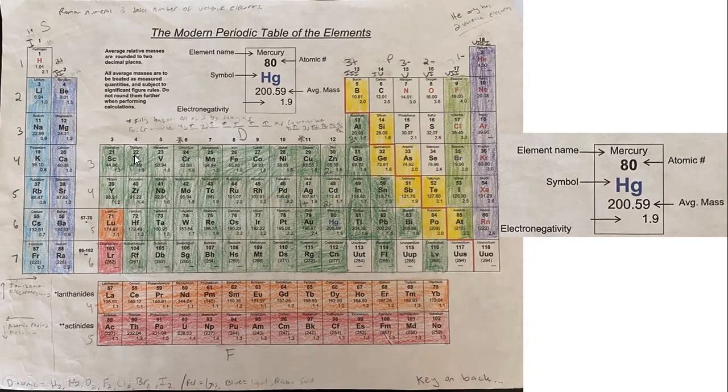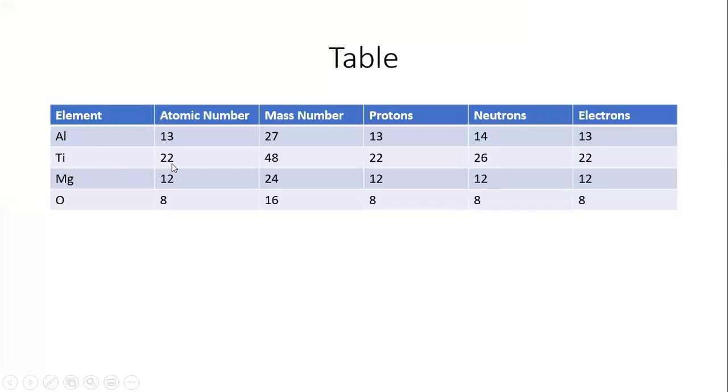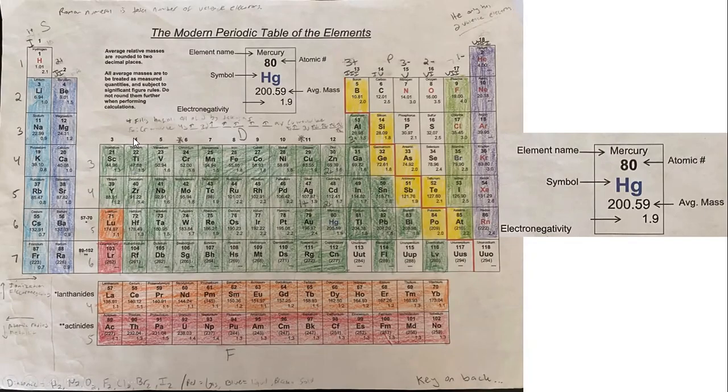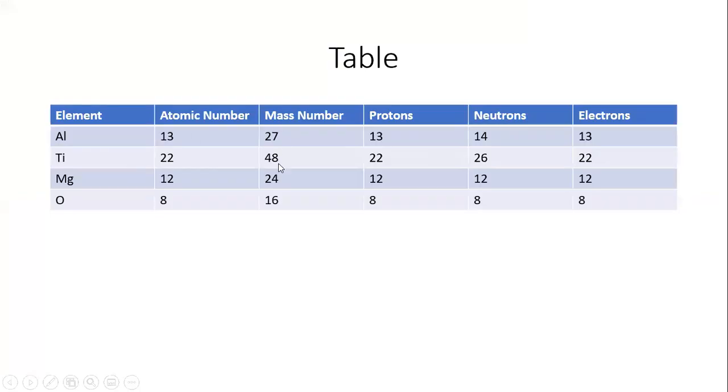The atomic number is 22, and the mass number is 48. If you look at here, atomic number 22, you can see it right up here, 22. And then the Ti under it is the atomic weight, also called the average mass. It's right here as 47.68, which would be 48.